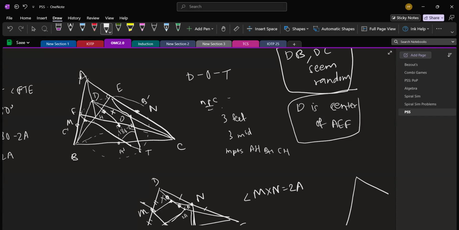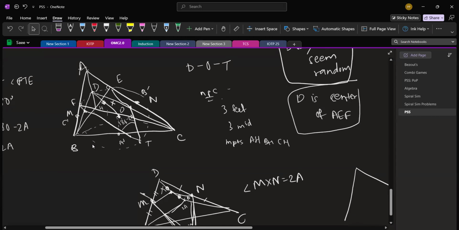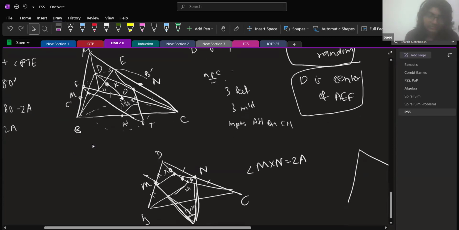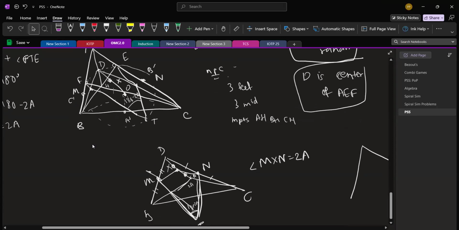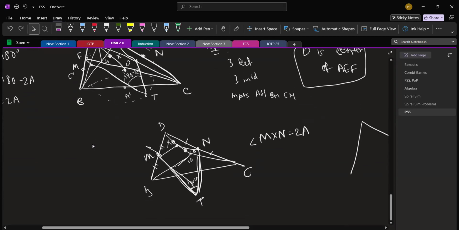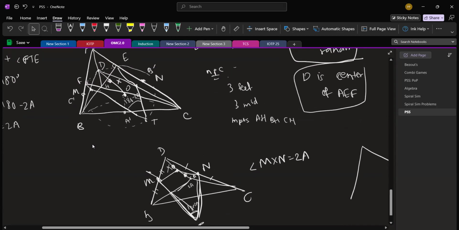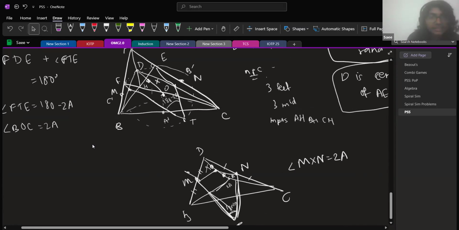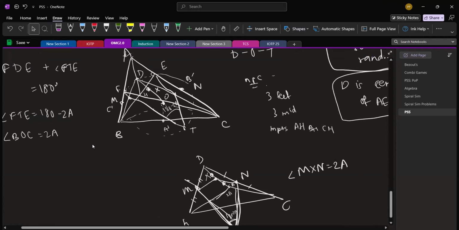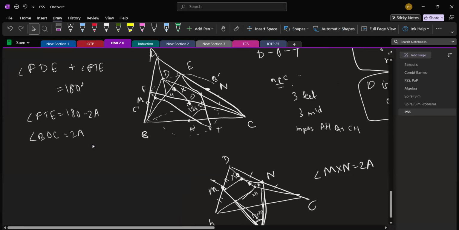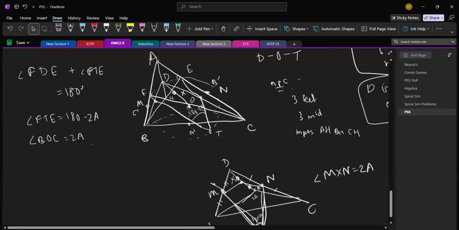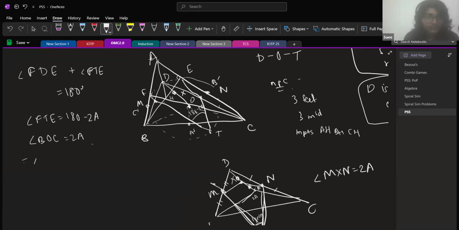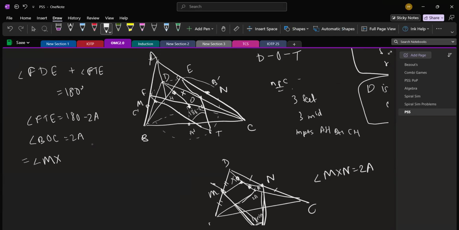The way we show that is we know angle MXN is equal to angle BOC. Because O is the circumcenter, we can show that it's 2 BAC, by inscribed angles. Now BAC is equal to EDF, also trivial, so 2 BAC is equal to EDF.